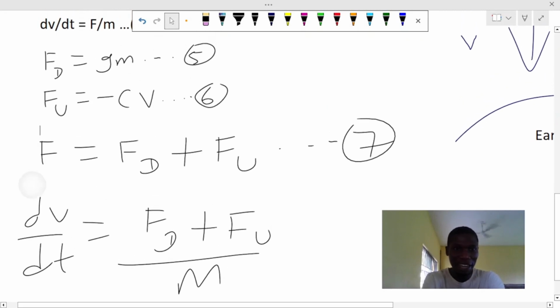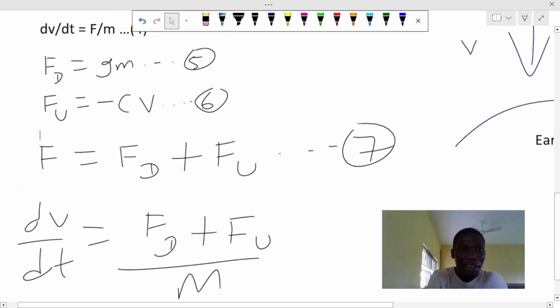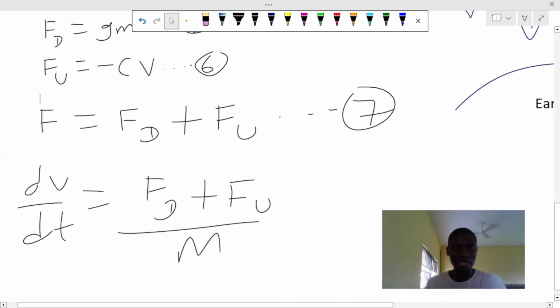So Fd plus Fu cleared. Now Fd is gm, Fu is minus cv.